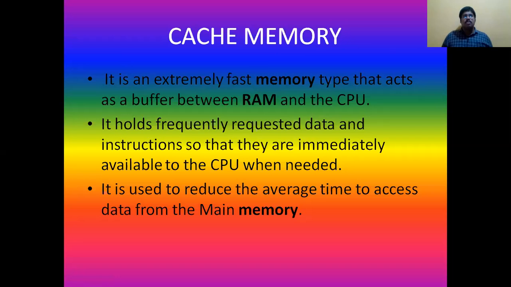When you purchase the computer, you get some memory along with it, and that is referred to as primary memory. The secondary memory is the memory that is interfaced externally by using a pen drive, CD, DVD or any hard disk. It is referred to as secondary memory. Okay, it is well and good.